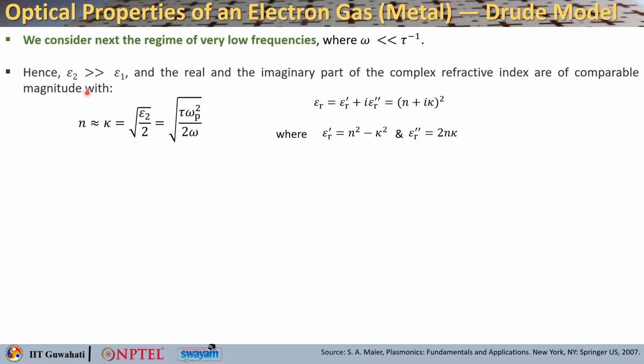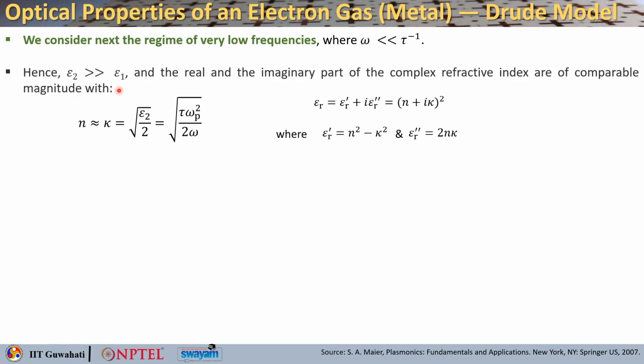In that case the damping is much larger, so epsilon 2, the imaginary part of the permittivity, will be much larger than the real part.